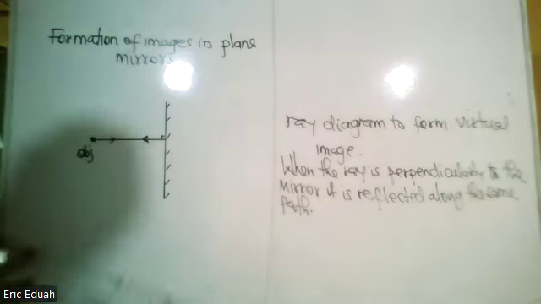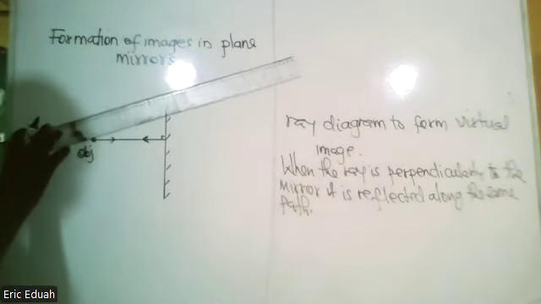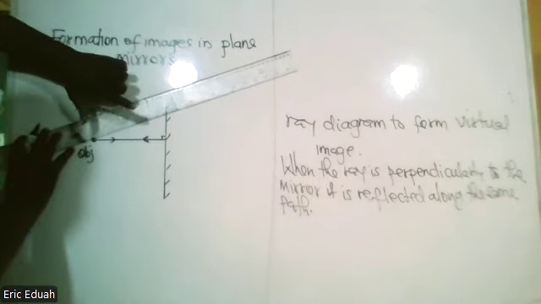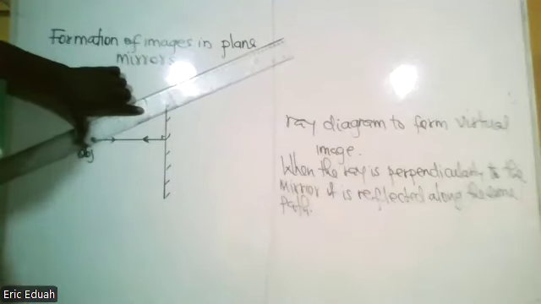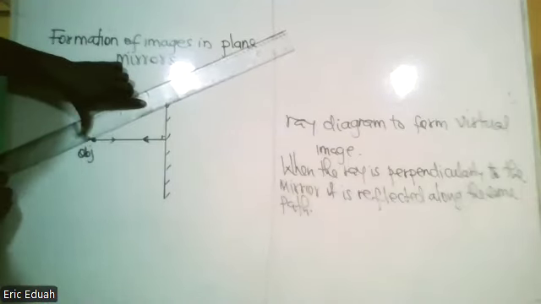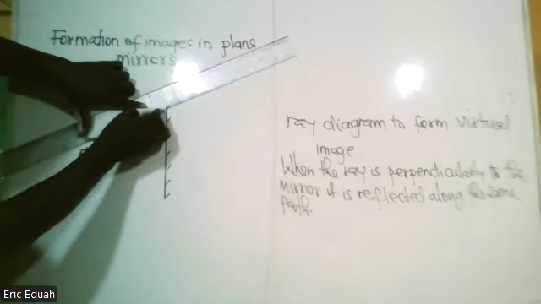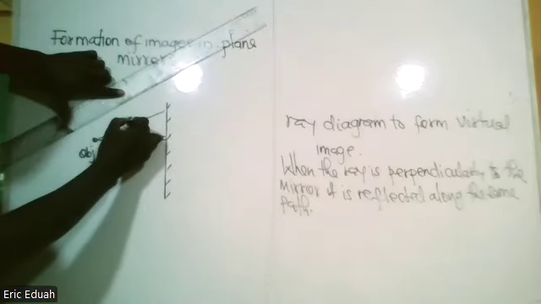Second, a ray of light incident on the mirror at an angle. So when the ray hits the mirror at any different angle, apart from 90, for example this. Incident.